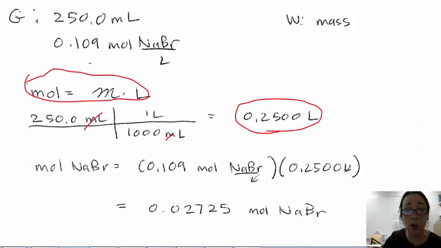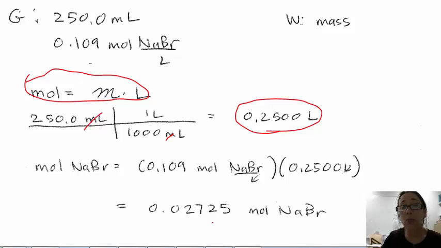My moles of sodium bromide are going to be my molarity, 0.109 moles per liter, multiplied by my volume in liters, 0.2500 liters. My units of liters cancel out, and I end up with units of moles of sodium bromide, and the value that my calculator gives me is 0.02725.